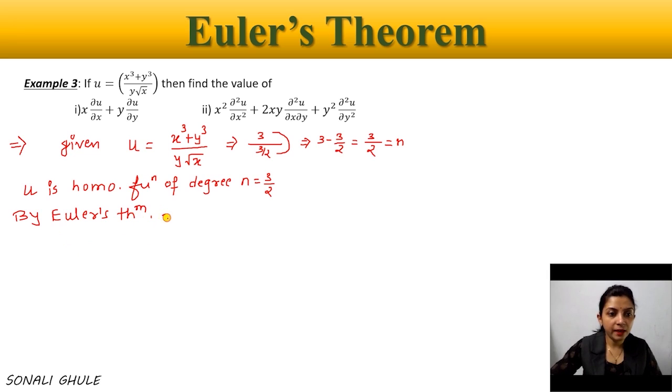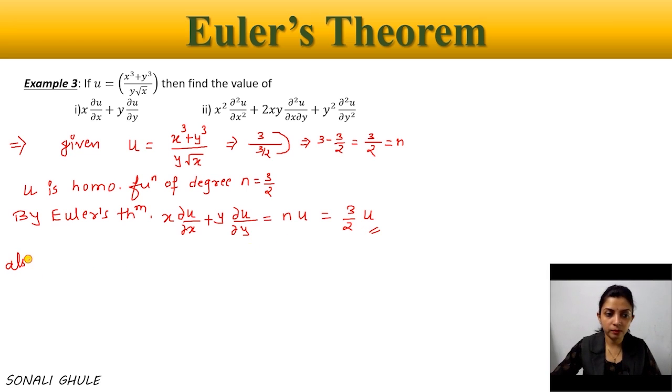Yes, x into dou u by dou x plus y into dou u by dou y is equal to n into u. So what we get? Definitely put here the value for n, it is 3 by 2, and u is your given function, so you can keep it as it is, also u. So this is your value for the first order relation.